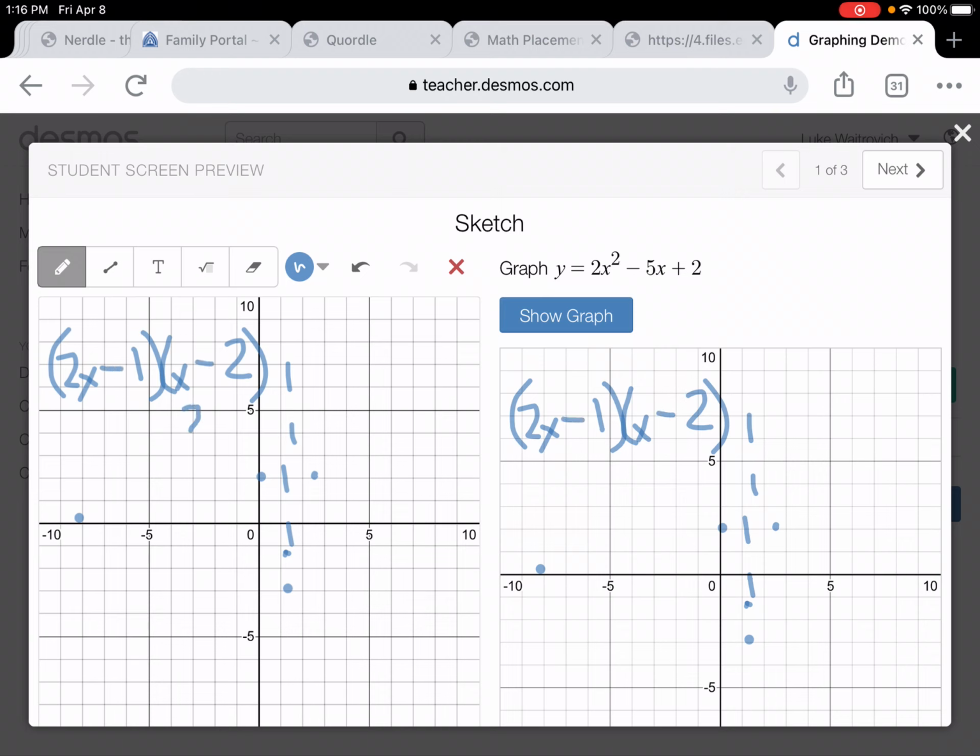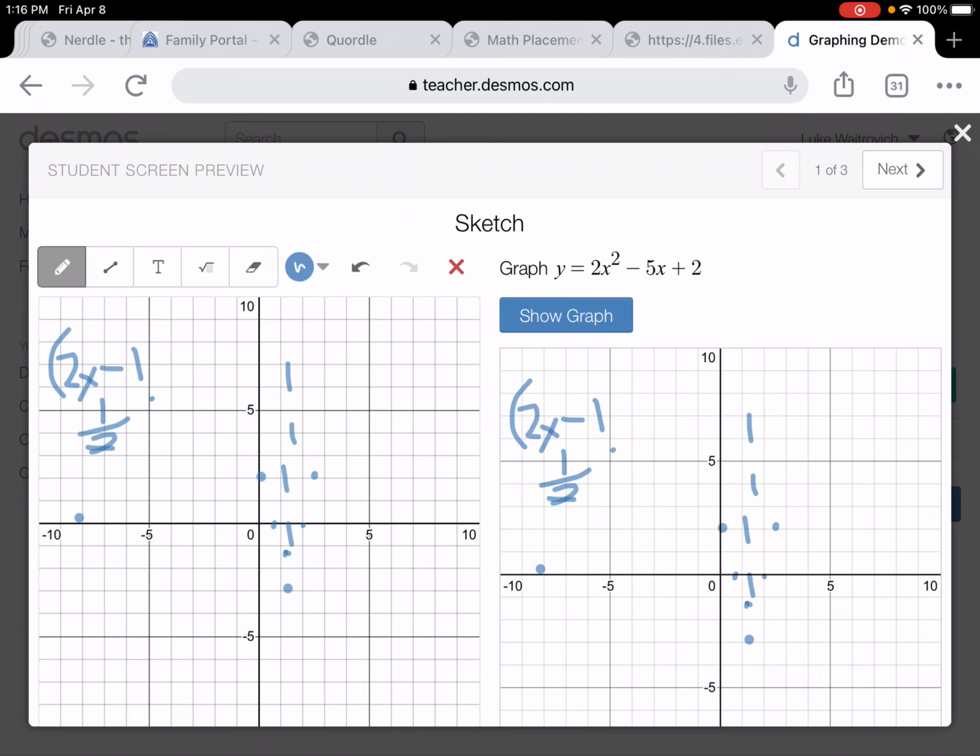So at 2, I have an x-intercept, and at 1/2, I'm going to have an x-intercept as well. That's not 2, that's 3. That's 2. Now I have what I think is my parabola.